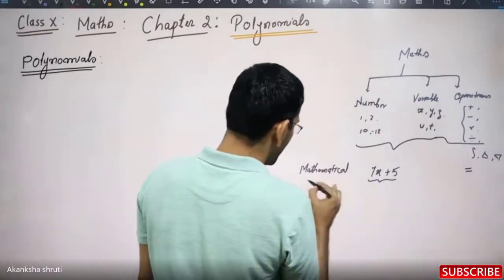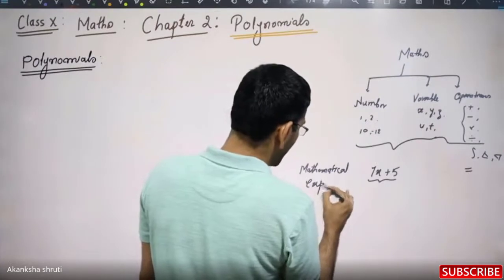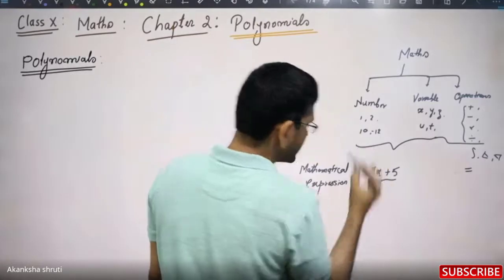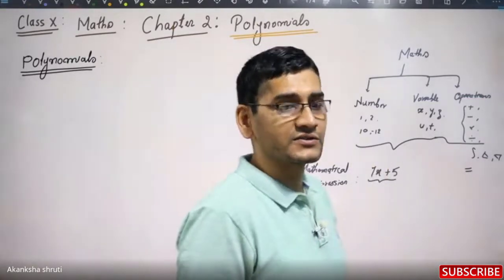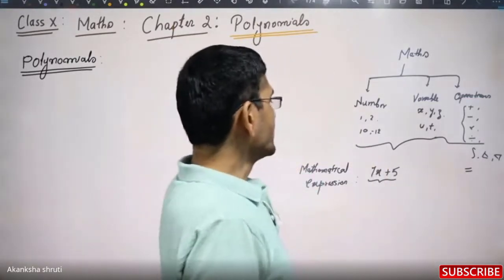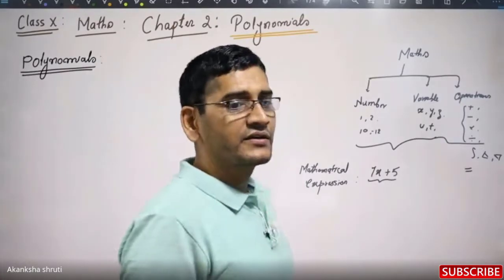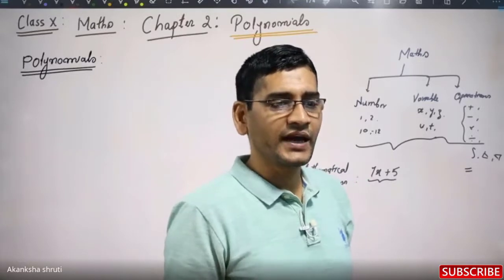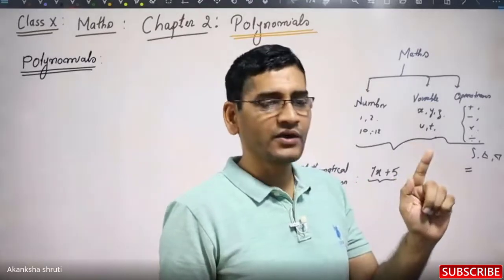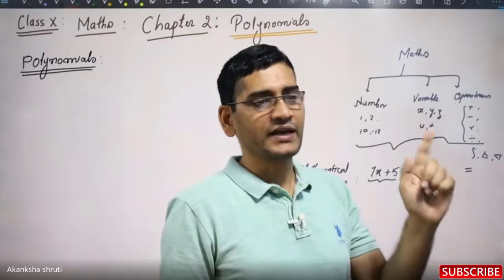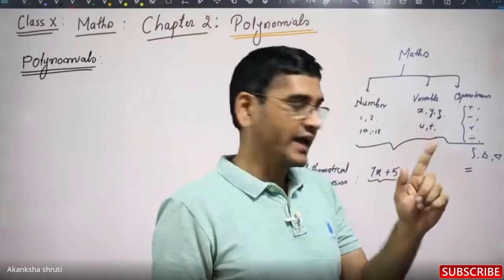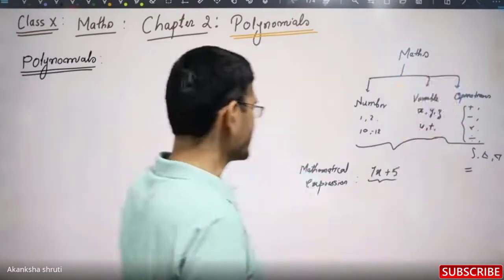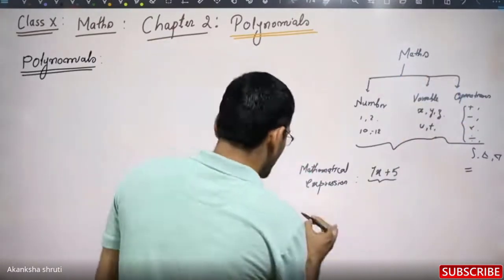So students, a mathematical expression is like a sentence in our English. Like if you are saying the sum of the ages of father and son is 12, there we are considering two things, one variable as the age of father, another as the age of son, then it is equated, then it gives a new kind of thing called a mathematical equation.